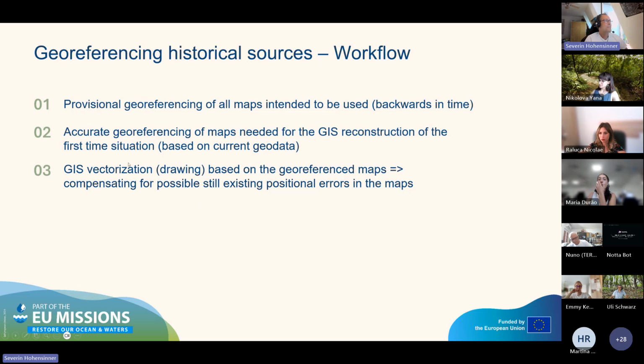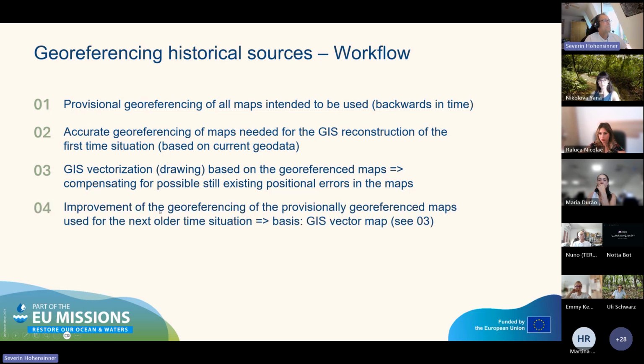If we have made this GIS map, then we improve the georeferencing of the formerly provisionally georeferenced maps for the next time situation. And here, as a basis for that, we can already use the GIS map that we produced before under point 3. So it's a stepwise approach.